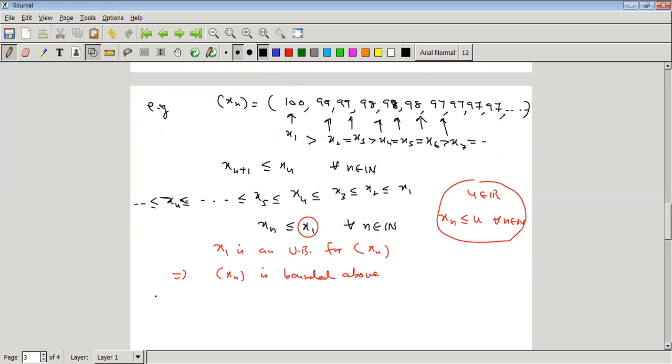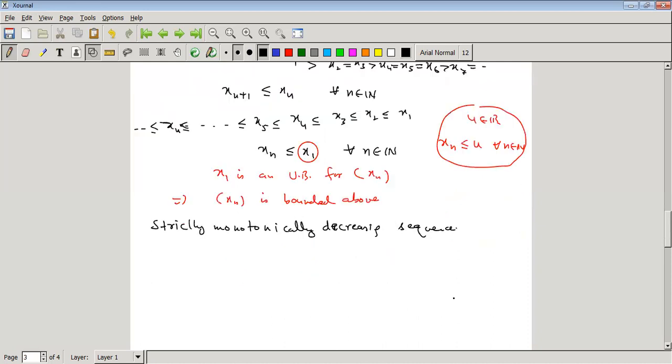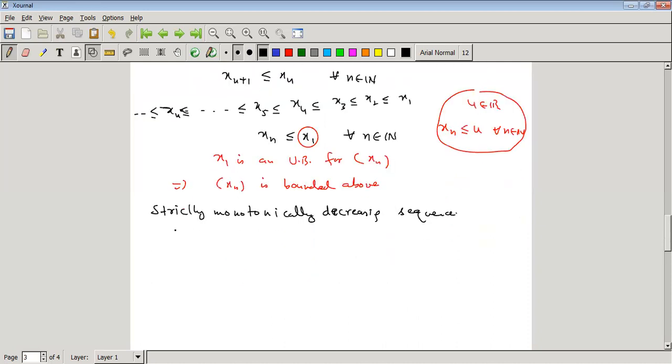Now, strictly monotonically decreasing sequence. So what is a strictly monotonically decreasing sequence?